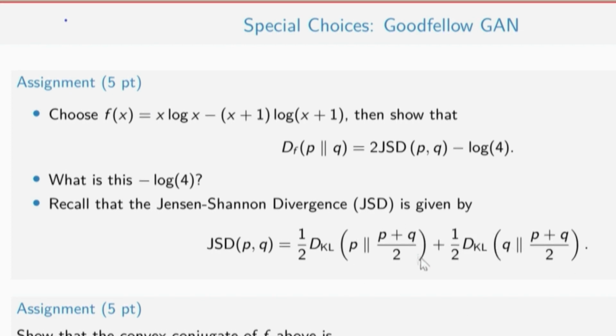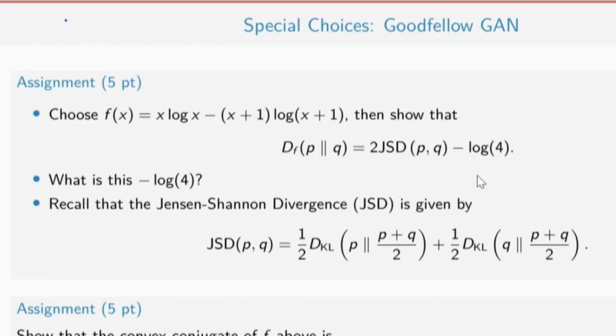So this is a symmetric variant of KL divergence. JSD is given to you in terms of KL. KL is something you know, and now you have to prove that with this choice of f, your f divergence is exactly like this. This is a simple derivation. You start with the f divergence term, put in this f in its place, rearrange the terms, and it indeed comes out to be like this.